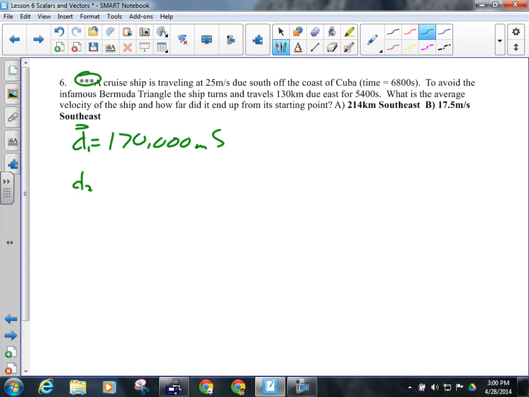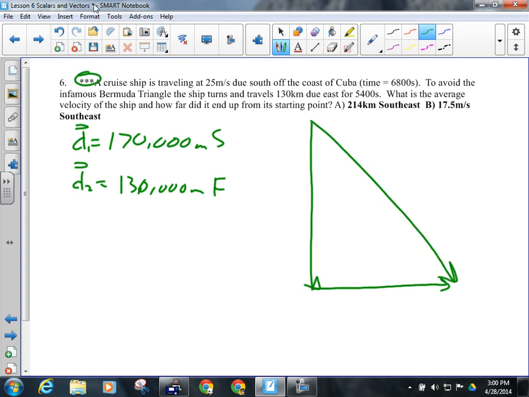And then the second displacement, sorry, we don't even need it, is 130 kilometers due east. That's 130,000 meters east. So I go south and then I go east, which means my overall displacement is this line here. Everybody follow me? Remember, displacement is how far and in what direction you are from where you started. So how do I find the hypotenuse of this triangle, knowing that this side is 170 kilometers and this side is 130 kilometers?